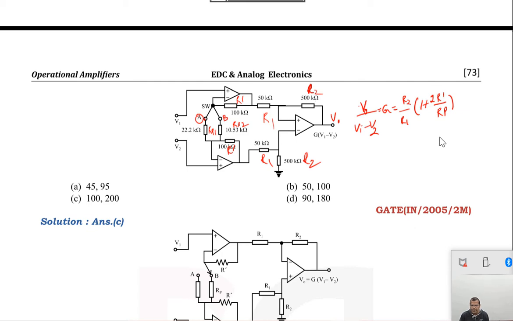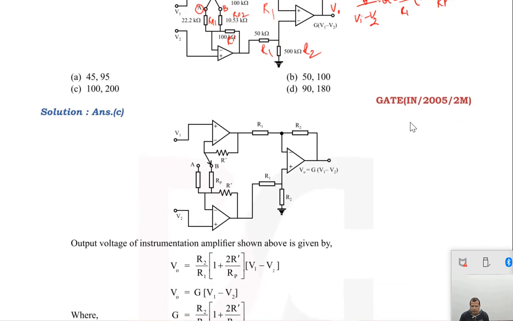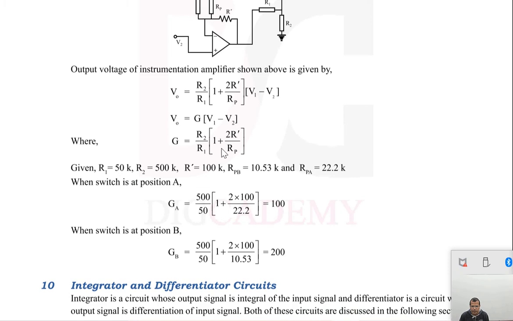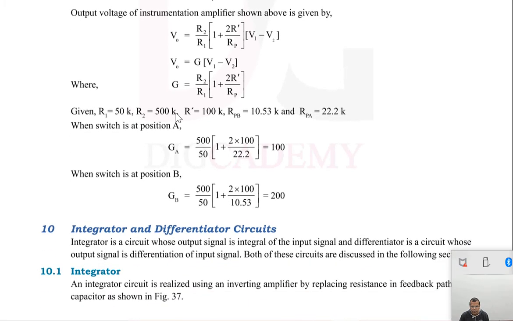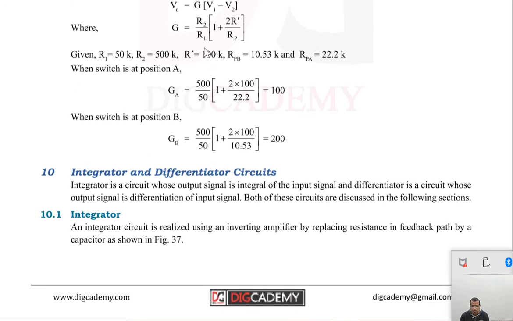So, now this is the expression. By using these expressions we can put the values of R2, R dash and RP. By putting these values you will get GA, and then again by putting these values for position B you will get gain for B position.